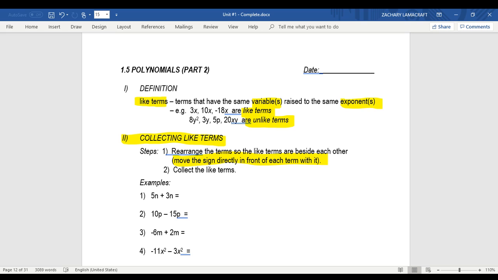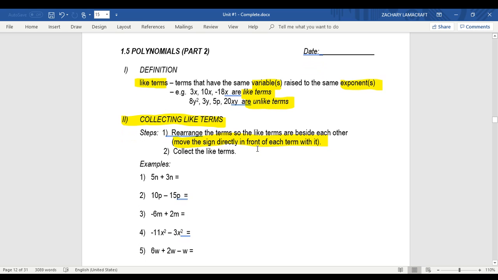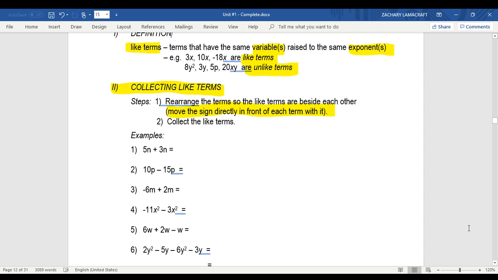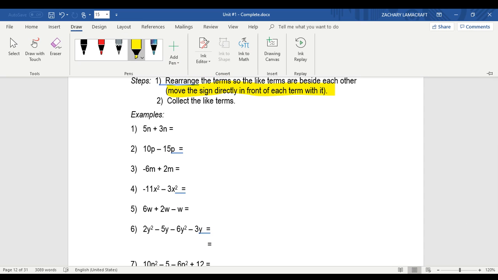That's an important thing, okay? Because if we don't move that positive sign or that negative sign that's in front of something, we tend to typically mess up the signs and then it won't work out the way we want. And I'll show you what I mean by that. Then we just collect the like terms and we deal with that this way.